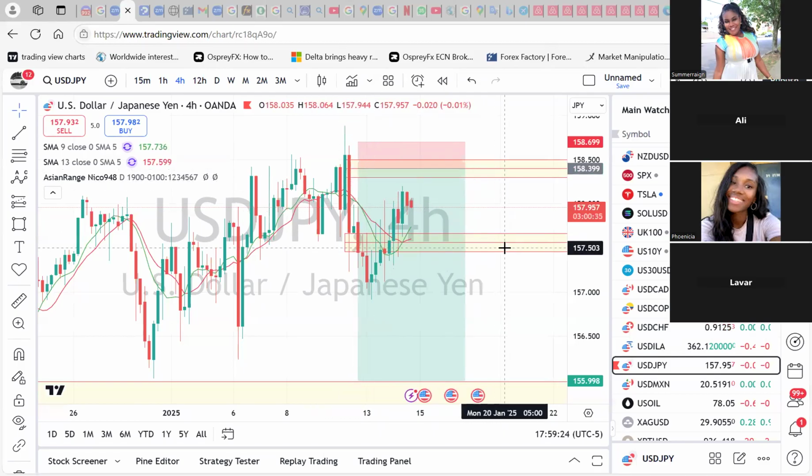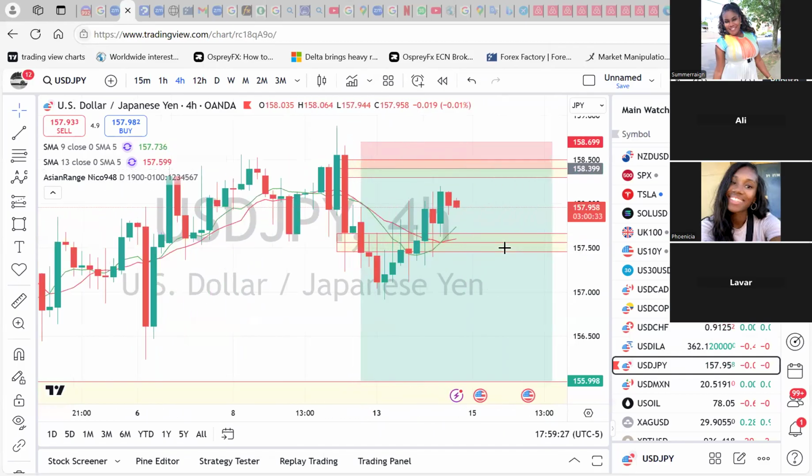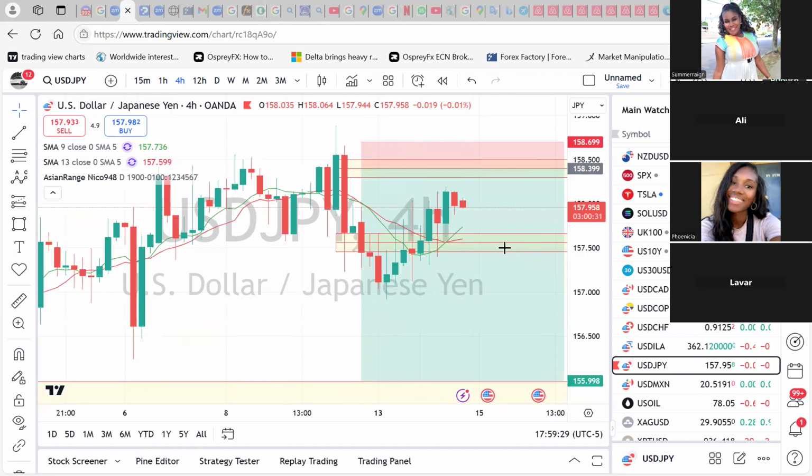Okay, the difference between an order block and an imbalance, right? When you speak of order blocks, it's two candles: this candle going up, and then the engulfing candle that happens after it. This is an institutional candle, which suggests that institutions pushed the market up first.